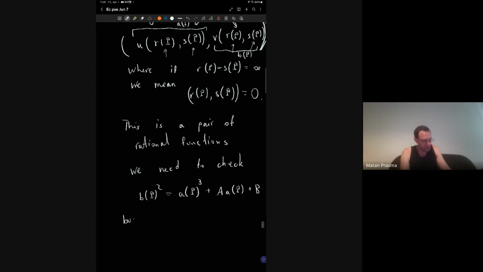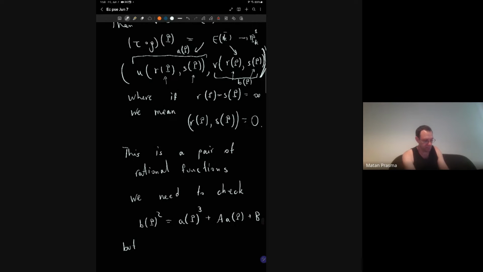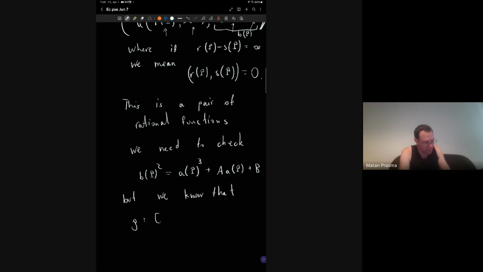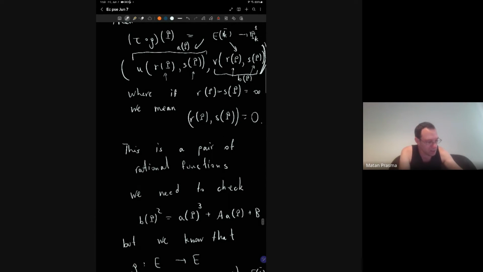But we know that rho is a rational function from E to E. So rho of P, which is (r of P, s of P), is guaranteed to be a point on E. And this is rho of P, right?